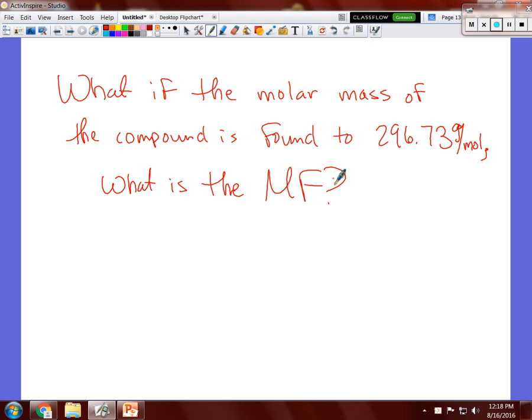So, what if the molar mass of the compound is found to be 296.73 grams per mole? What is the molecular formula?